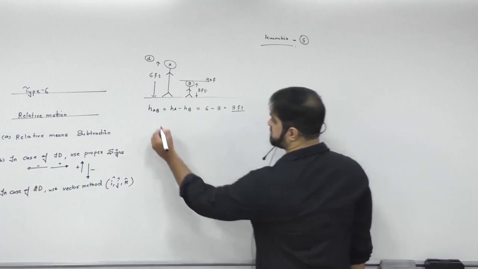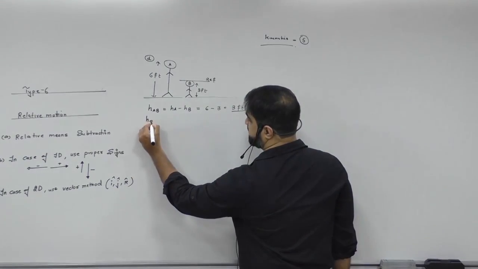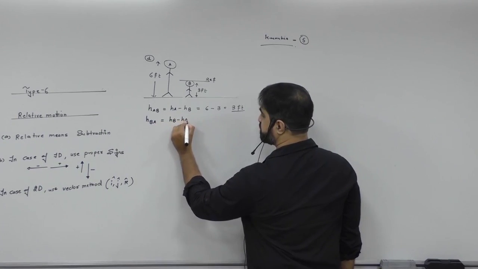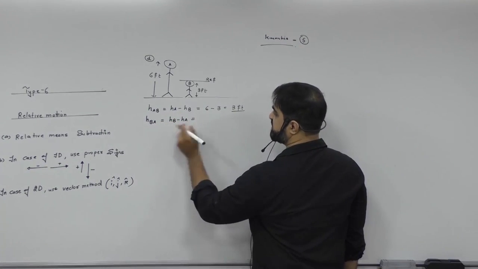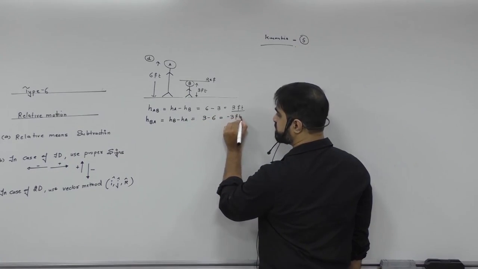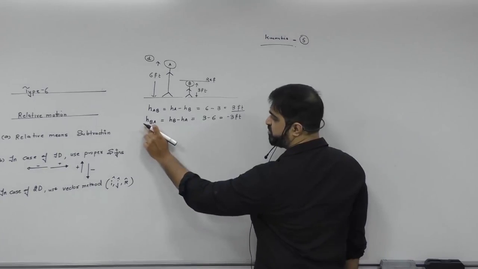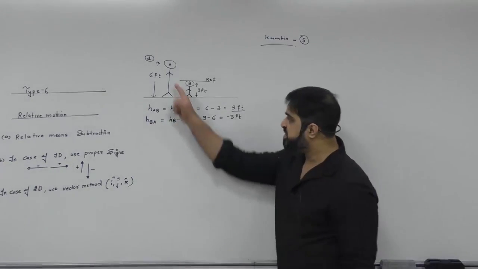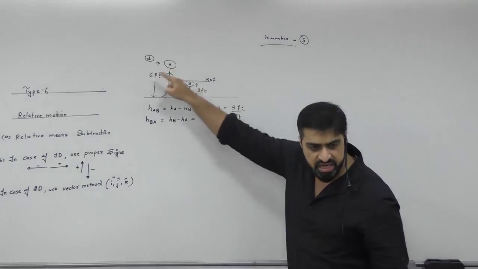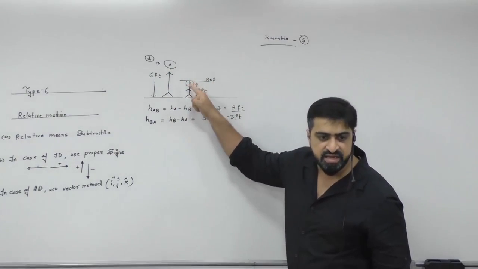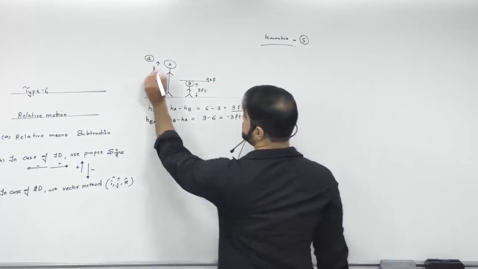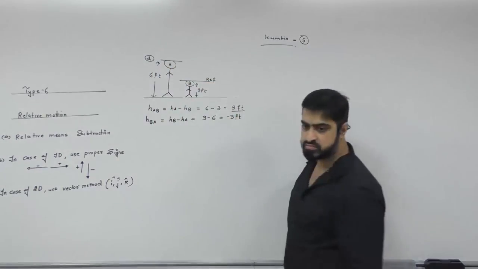Similarly, if I ask, what is the height of B with respect to A? It will be HB minus HA. HB is 3 minus 6 will become minus 3 feet. That means height of B with respect to A means A is looking at B and telling that he is 3 feet shorter than me because his reference is this.